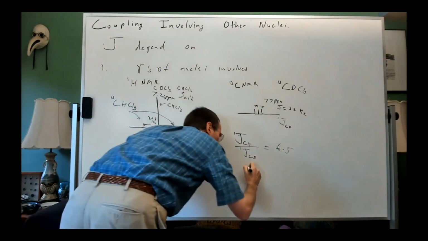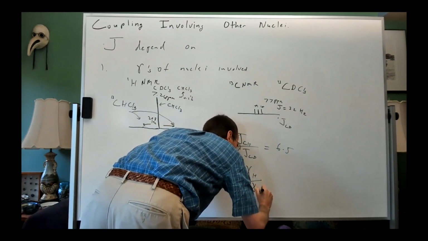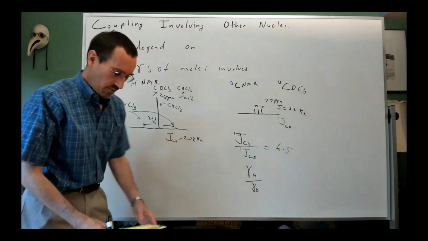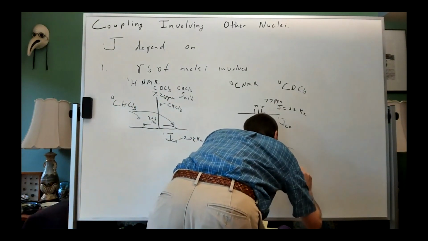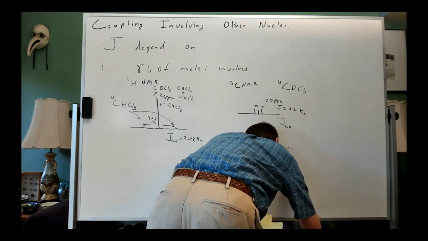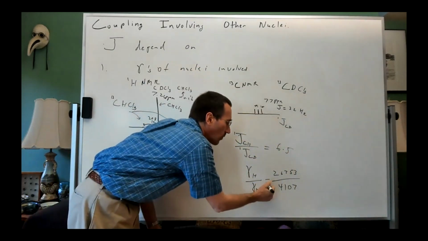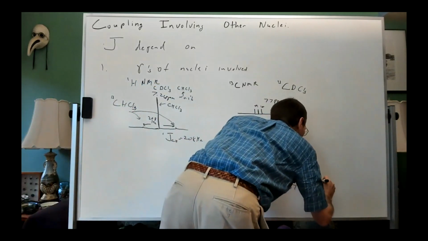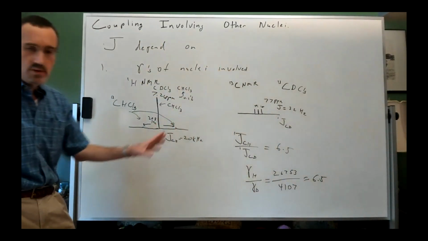And ditto, the ratio of the magnetogyric ratios: the magnetogyric ratio of a proton is 26,753, and the magnetogyric ratio of a deuteron, of a deuterium nucleus, is 4107, and it's no accident that this ratio is 6.5. I haven't taken either of them to more decimal points.